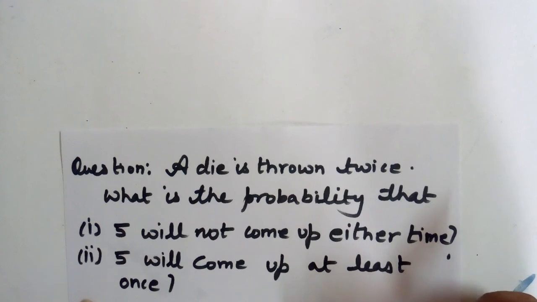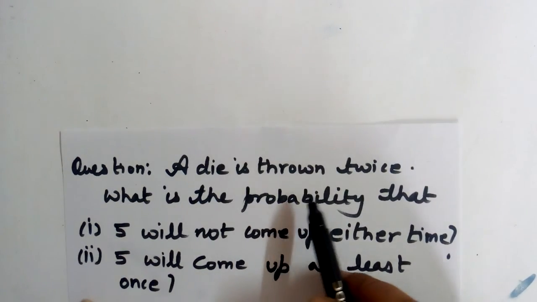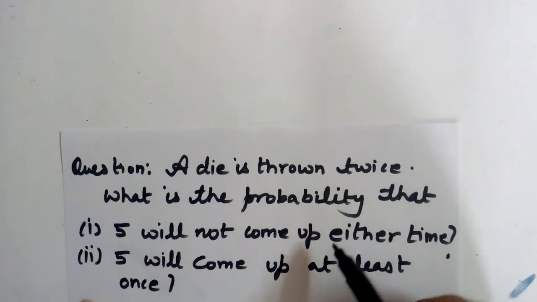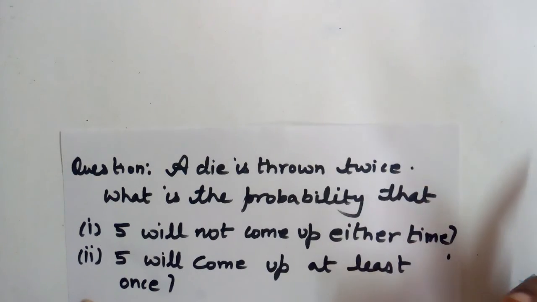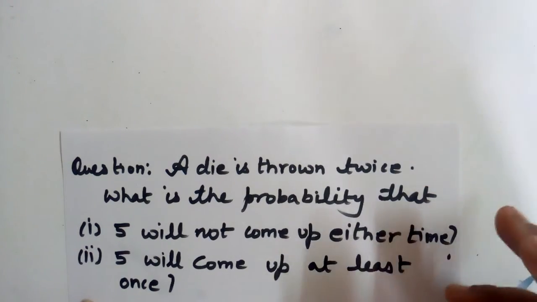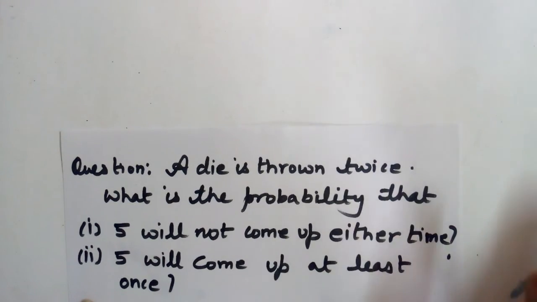Now we'll start with the question. A die is thrown twice. If we are throwing a die twice, or simultaneously 2 dice, the total outcomes will remain the same.